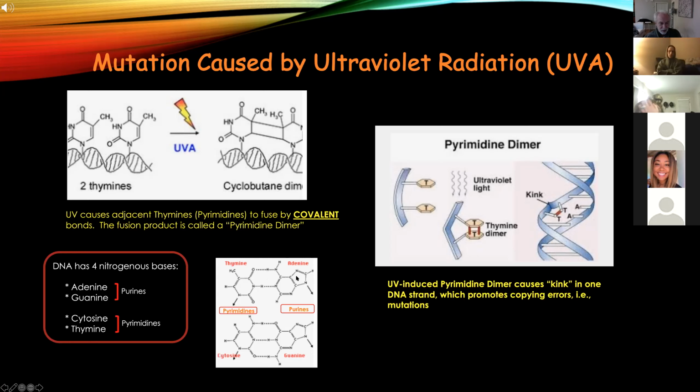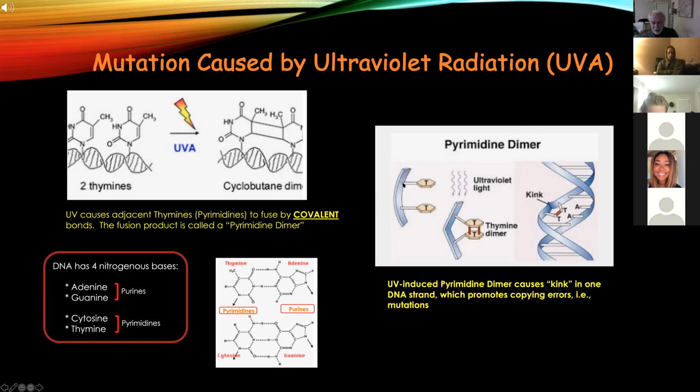So T and A, hydrogen bond, a pyrimidine and a purine, 2 hydrogen bonds. Cytosine and guanine can bond with 3 hydrogen bonds. Again, a pyrimidine bonding to a purine. So thymine, being a pyrimidine, it's why it's called a pyrimidine dimer.